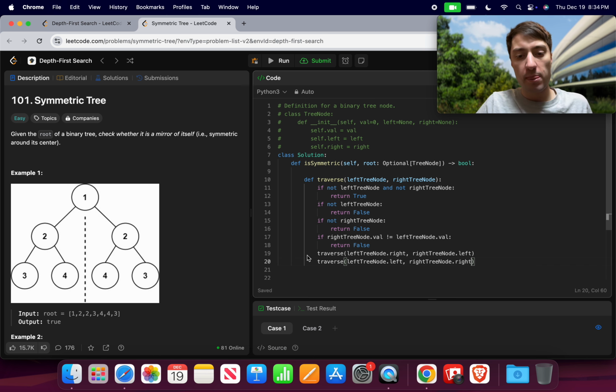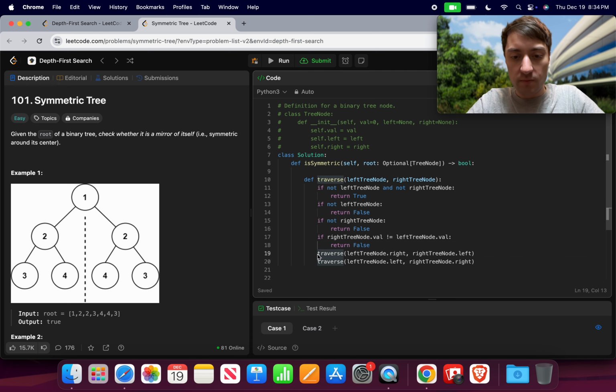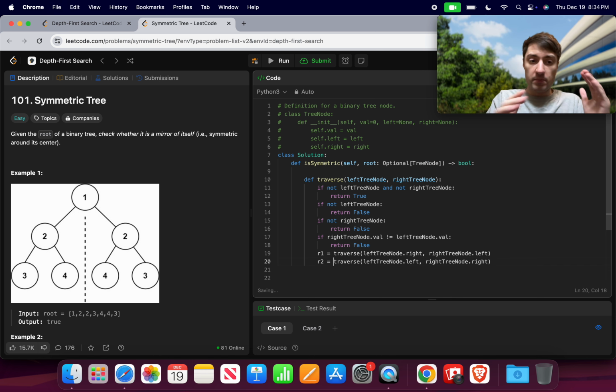So now I want to get the return value. Because this recursion is going to check all of the nodes, if any of the nodes below it were not symmetric, I want it to return false all the way up. So result 1 equals this one, and result 2 equals the left tree dot right.